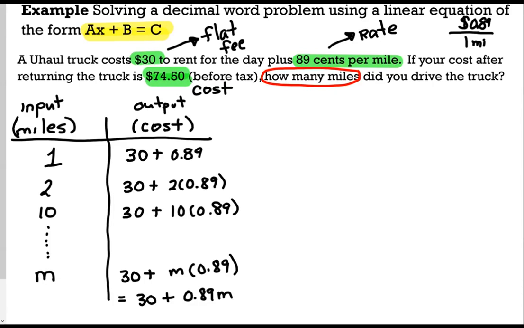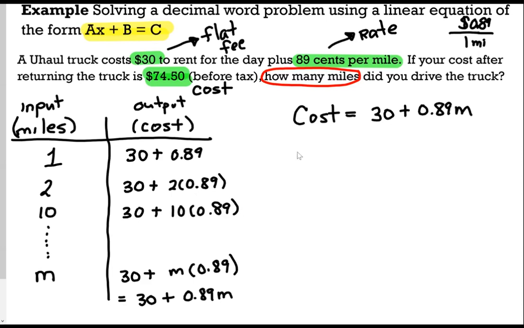So now how can we get an equation for the cost? We already know that the cost is equal to the expression 30 plus 0.89 M. Well, in the question, it tells us in a very specific case, we spent $74.50.